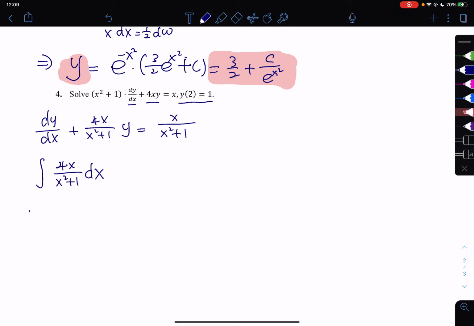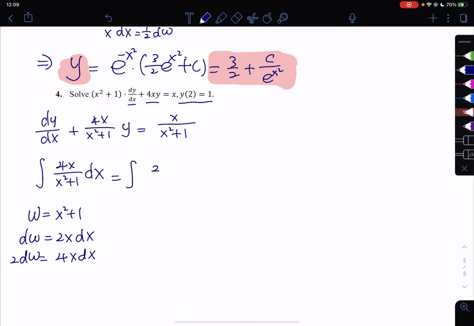If I do the same thing, w is x squared plus 1, then dw is 2x dx. Therefore, 4x dx technically is 2 dw. So my problem could have been phrased as 2 dw over w, which is mathematically equivalent to twice ln w.